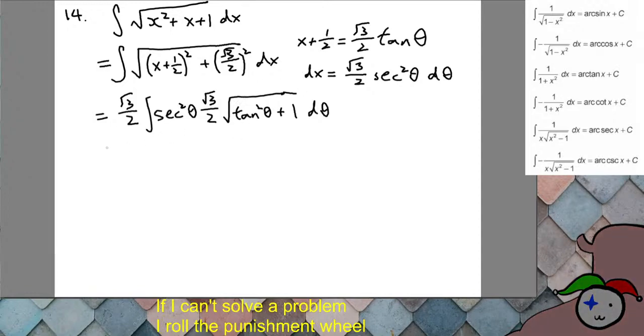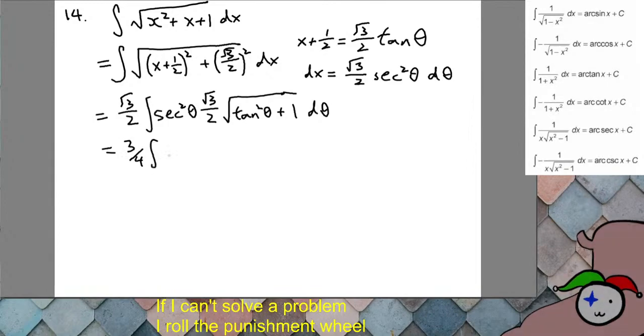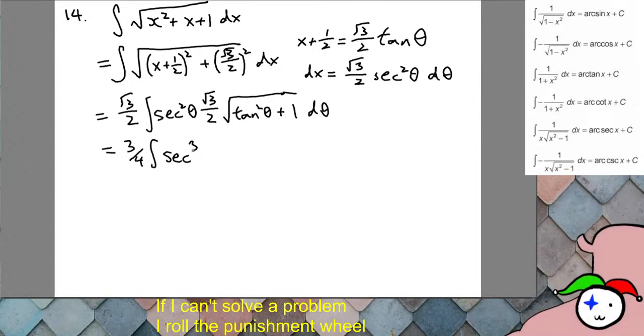So we have 3/4 of secant to the power of 3 d theta, and we've done this before.